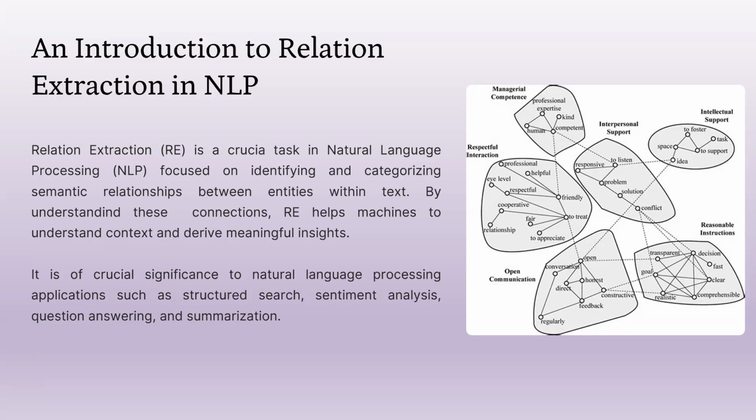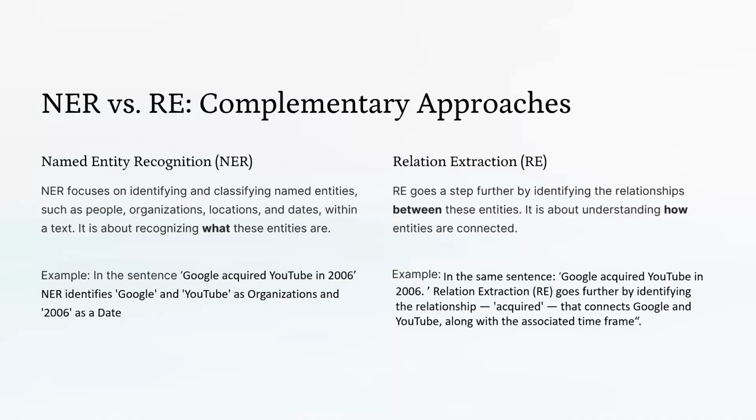So let me introduce the contrast between named entity recognition and relation extraction. Named entity recognition is a concept of natural language processing where machines identify various entities in a text.